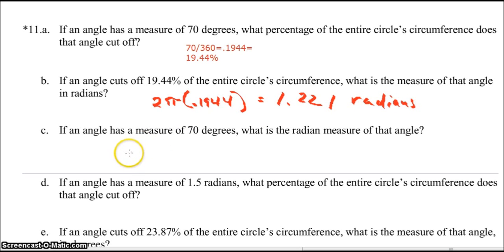So if an angle has a measure of 70 degrees, what is the radian measure of that angle? Well, it must be the same, 1.221 radians, since they both cut off 19.44% of the circle's circumference. So if an angle has a measure of 1.5 radians, what percentage of the entire circle's circumference does that angle cut off?